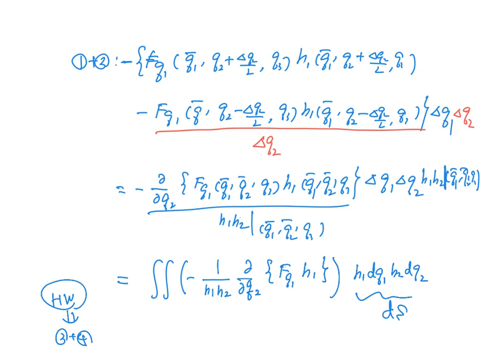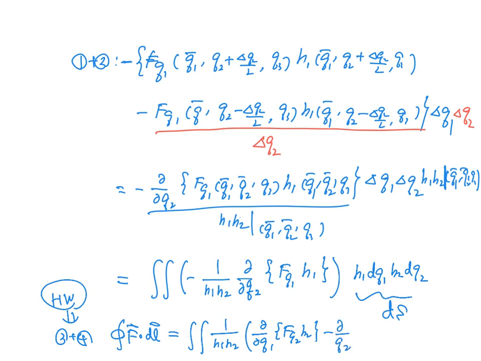Then this integral becomes something like this: 1 over H1 H2, partial Q1 partial F_Q2 H2 minus partial Q2 partial F_Q1 H1, dS.